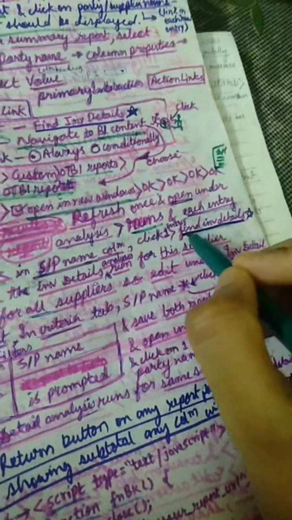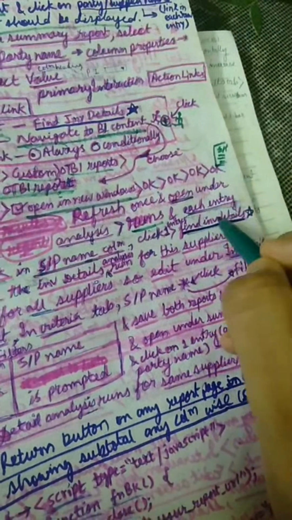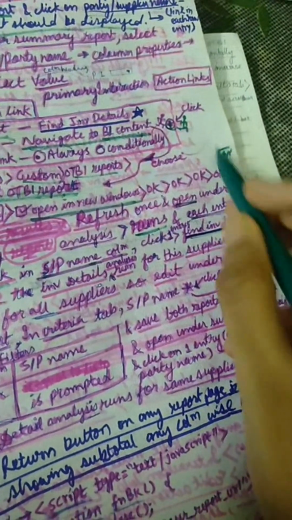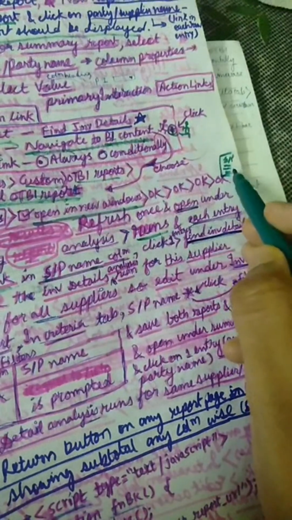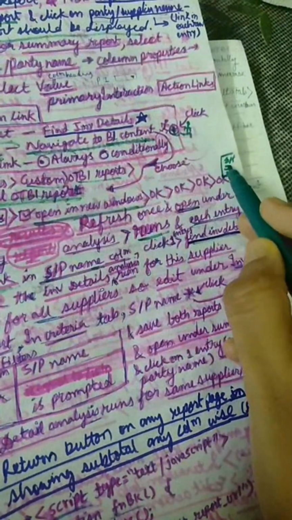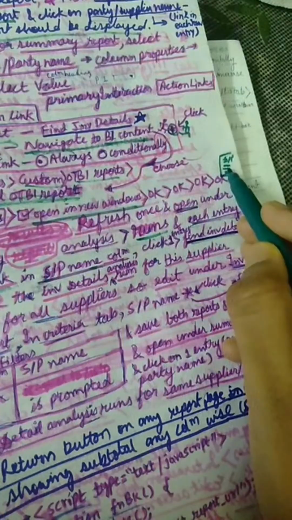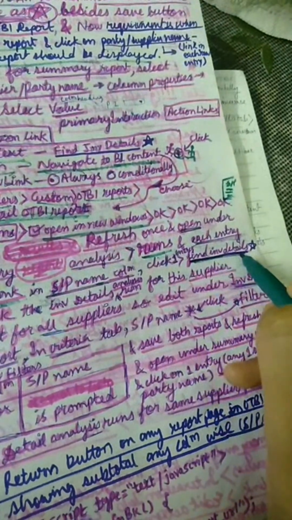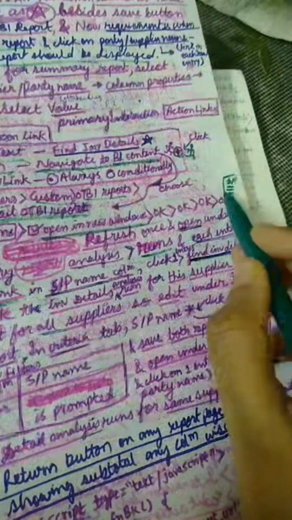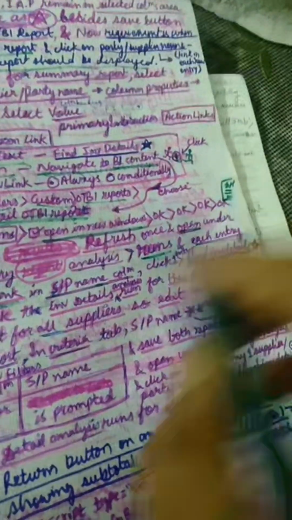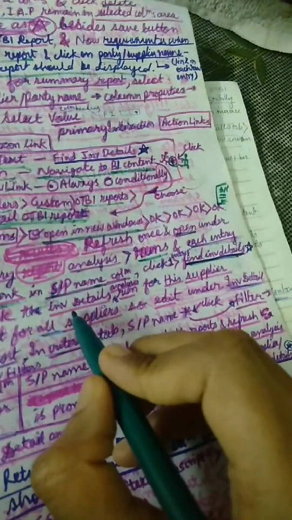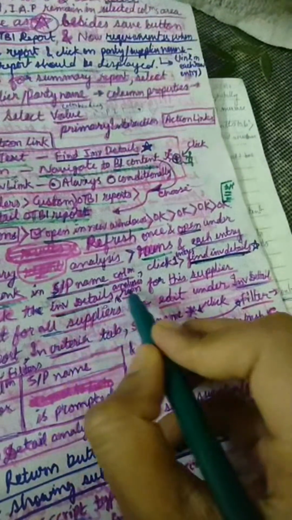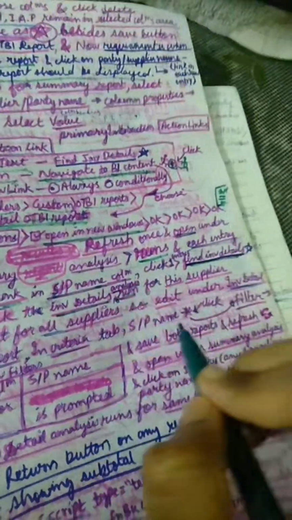Once the output is run and I keep my cursor here, it gives me this find invoice details. Second thing, click on any entry, and what happens is the invoice details analysis runs here.